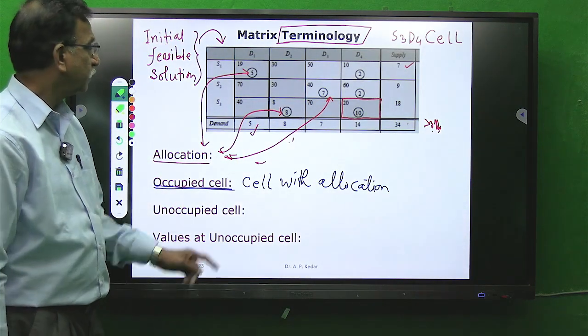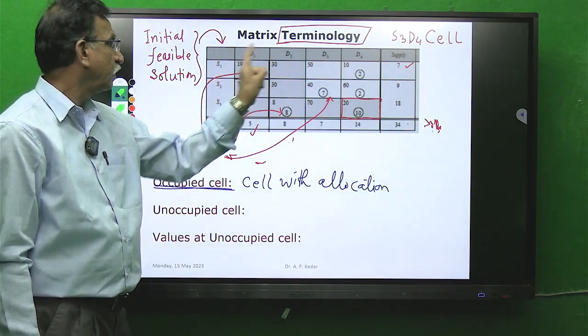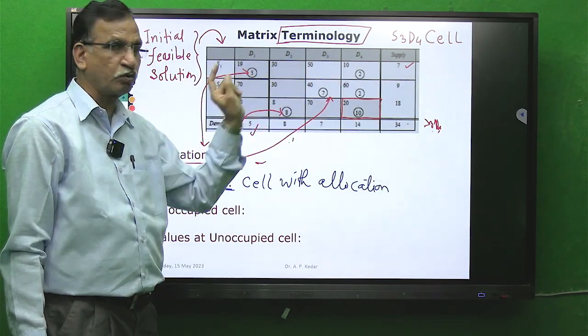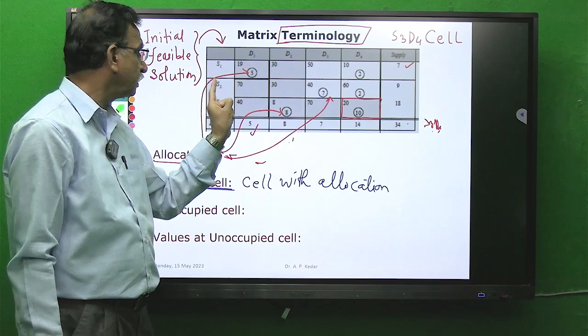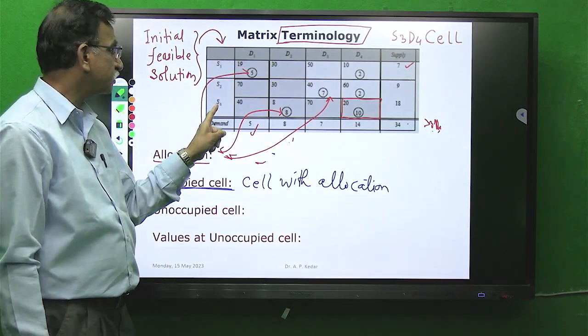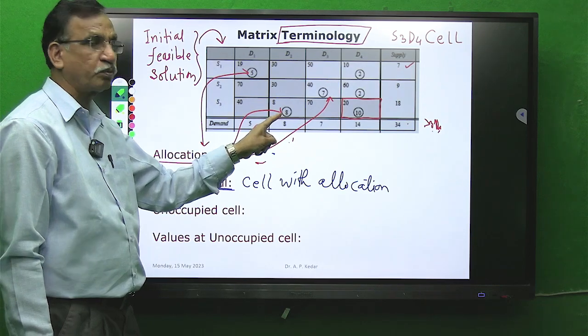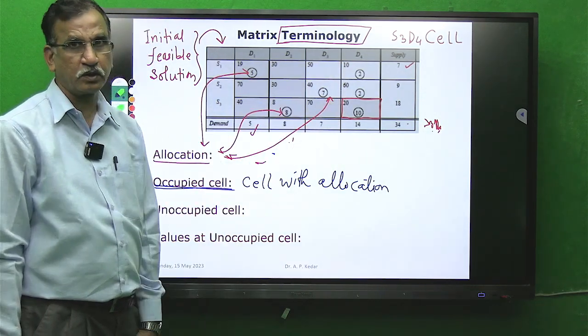Simple. So this one, S1D1, is an occupied cell, S1D4 is an occupied cell, S2D3 is an occupied cell, S2D4 is an occupied cell, S3D2 is an occupied cell, S3D4 is an occupied cell.